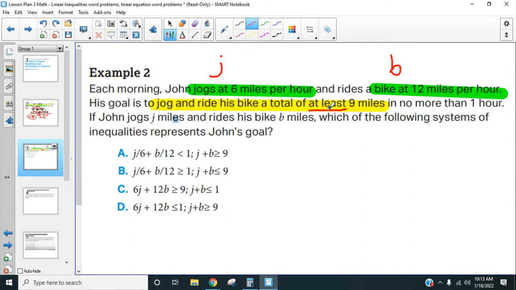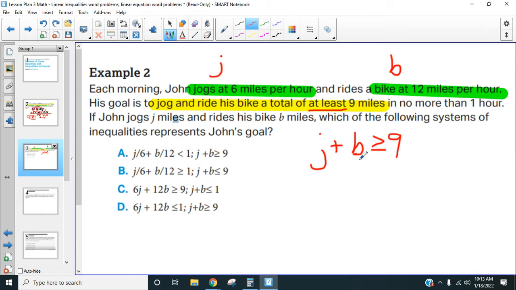Now, this is a confusing thing for a lot of people. If I say at least, jog and bike at least 9, what's the inequality sign? Yeah, it's got to be more than, right? Or equal to 9. At least. That means 9 is the lowest number.